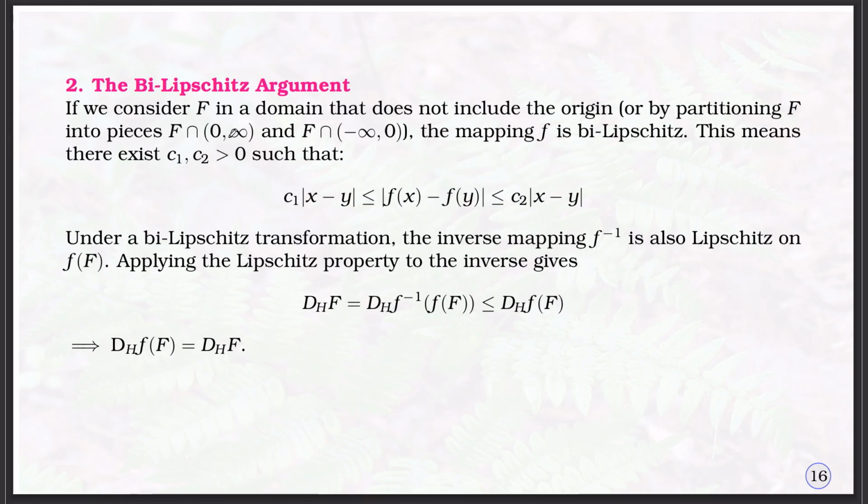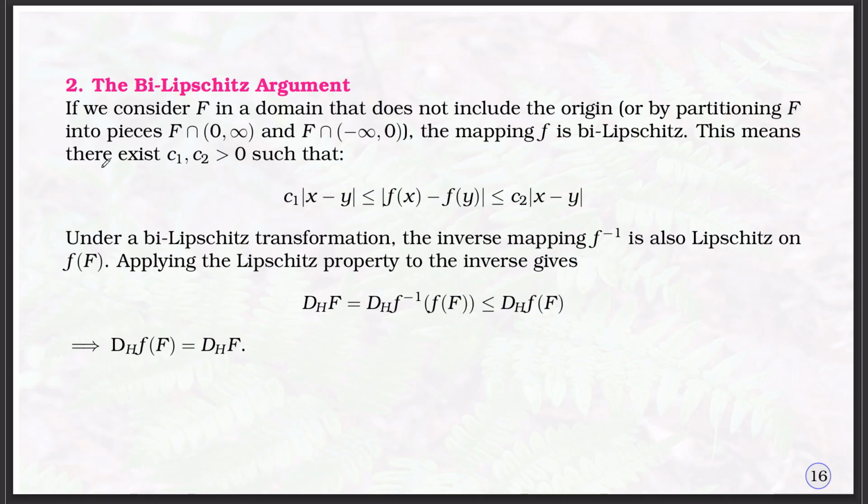For proving the reverse inequality, we consider E as a domain that does not include the origin, or by partitioning E into the pieces E intersection open interval 0 to infinity and E intersection minus infinity to 0. On this interval, the mapping f is bi-Lipschitz.